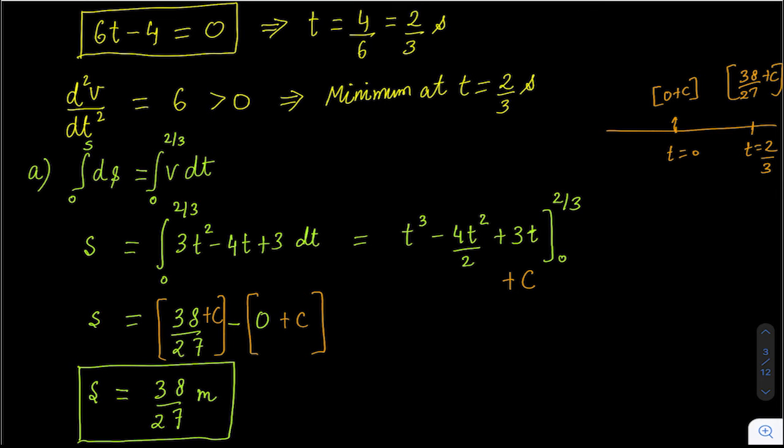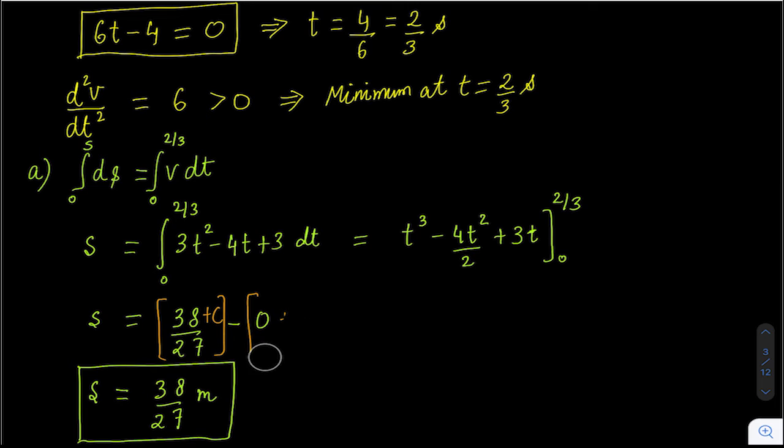Now to find the distance, obviously you need to subtract them. When you subtract, c will cancel. You will get 38/27, the same answer. It depends on you which method you like. Generally, I think the definite integration one is fast. It has less calculation also.